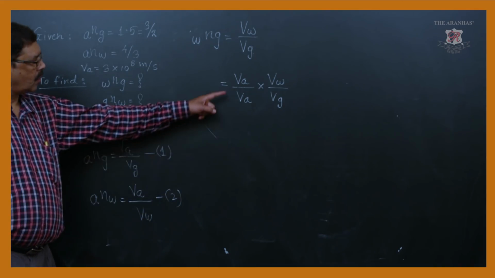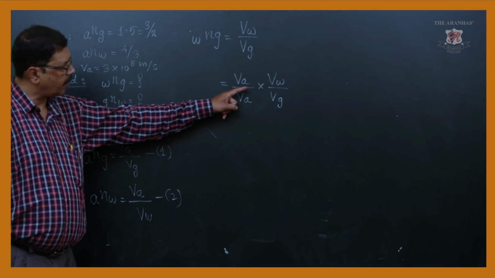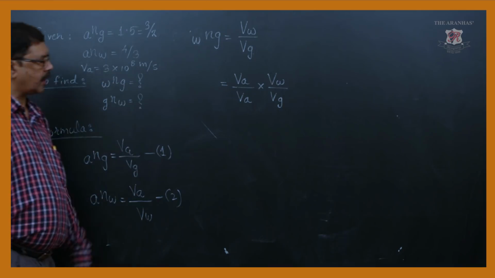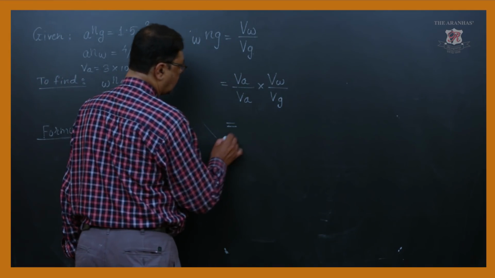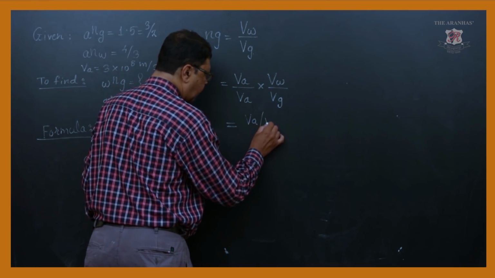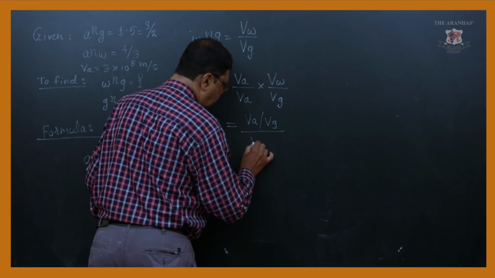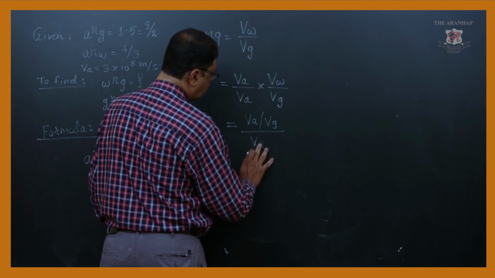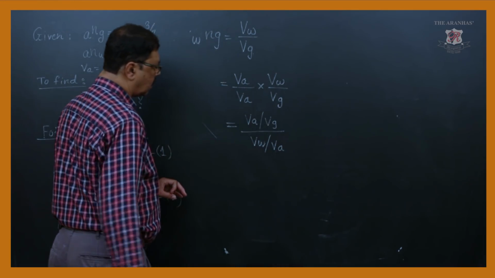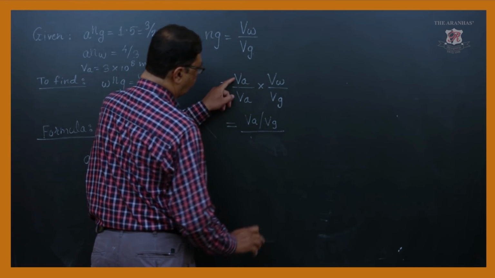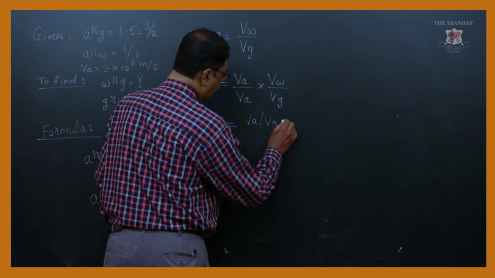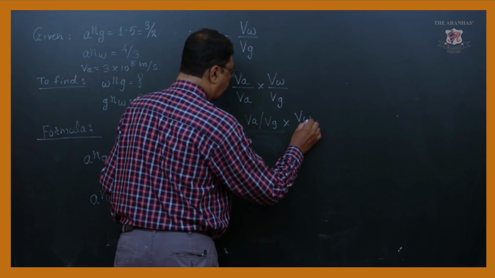I don't think so, because this is as good as multiplying by 1, you can cancel out. Now it's the question of rearranging the terms. I am writing this as VA upon VG multiplied by VW upon VA.